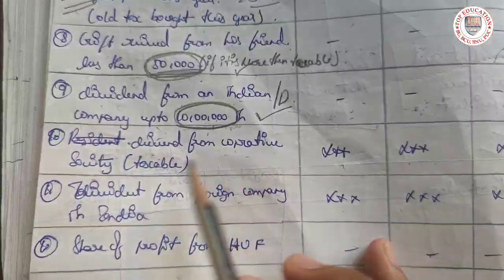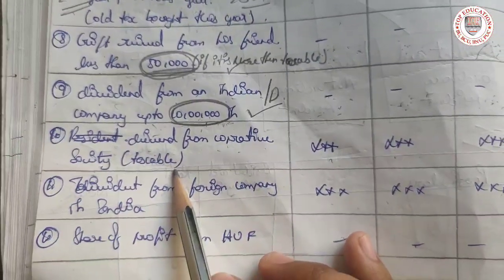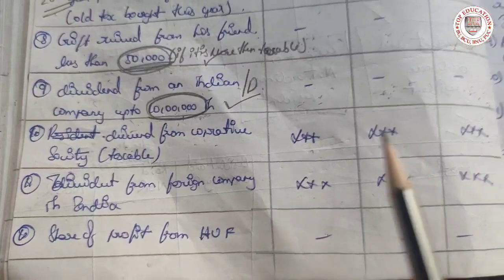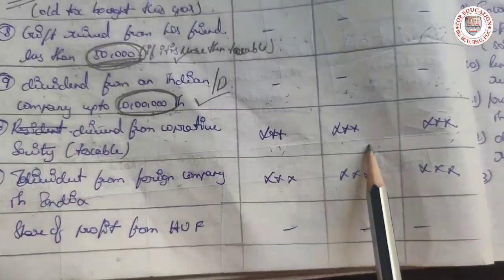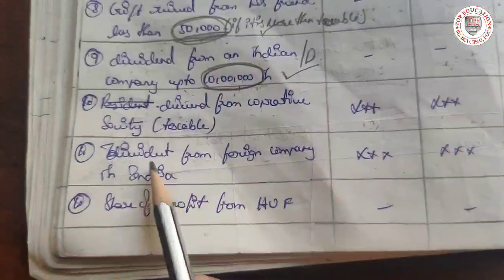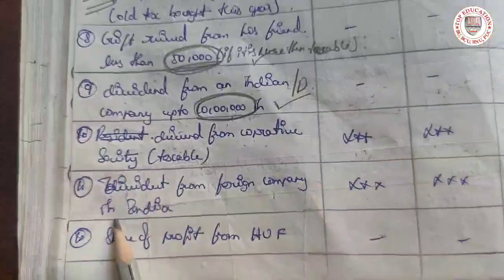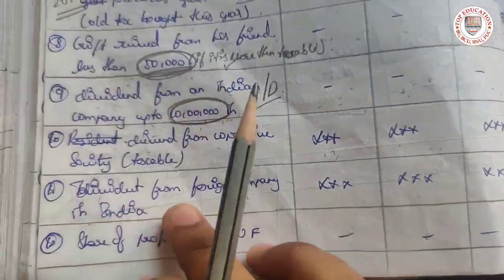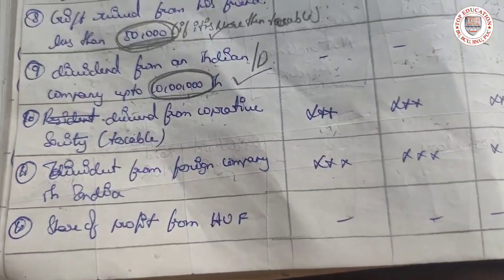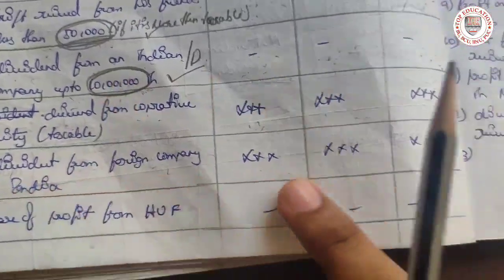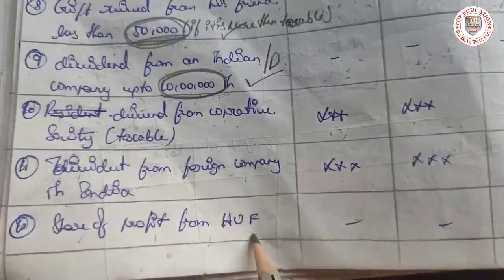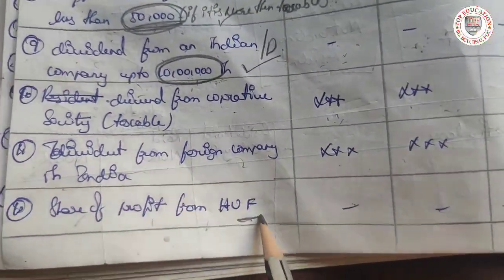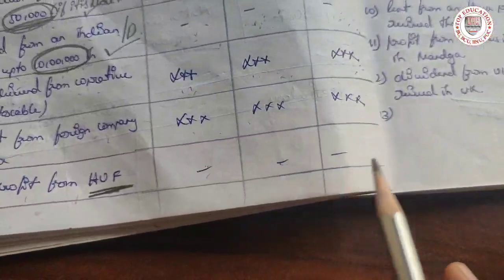Dividend from a cooperative society is taxable, and the same amount, 10,000, 10,000, 10,000, should be written here. Dividend from a foreign company received in India is taxable for all 3. Share of profit from a Hindu Undivided Family, HUF, is exempted.